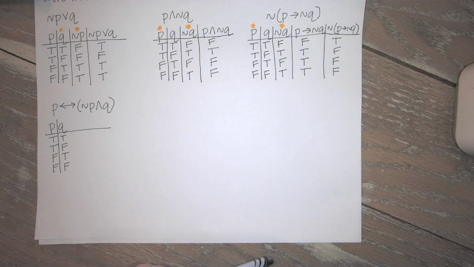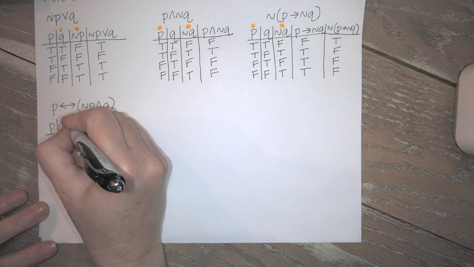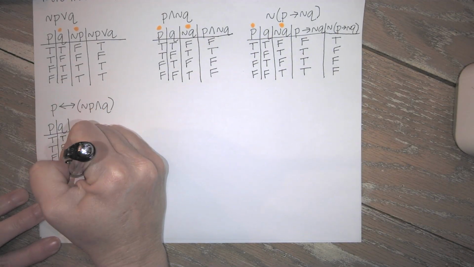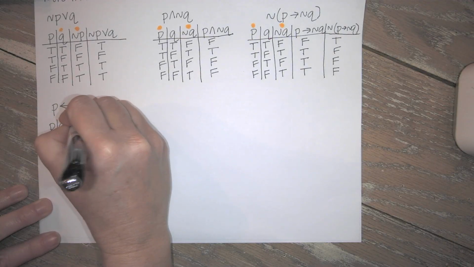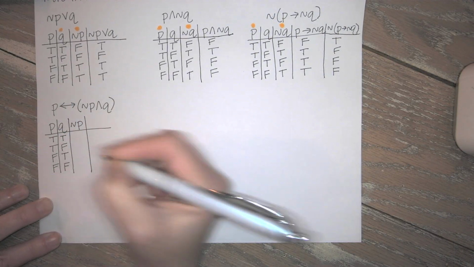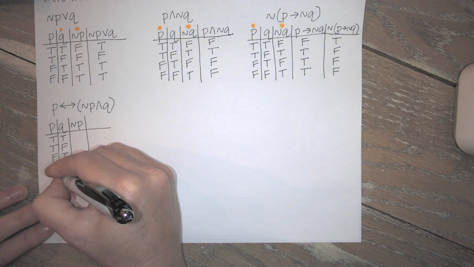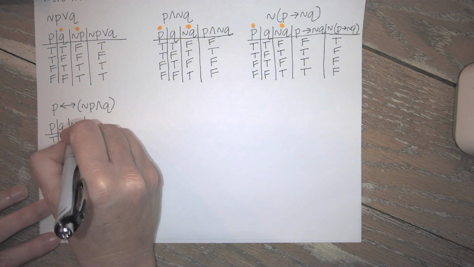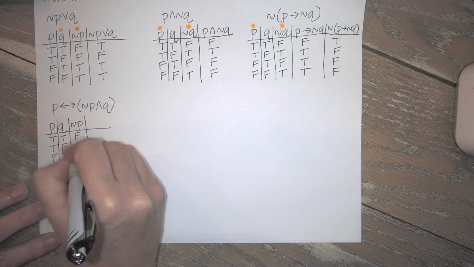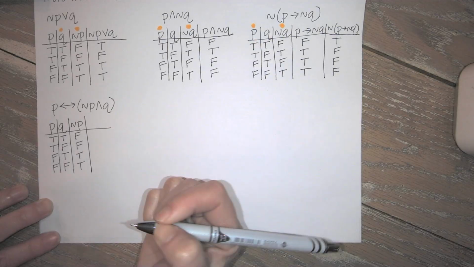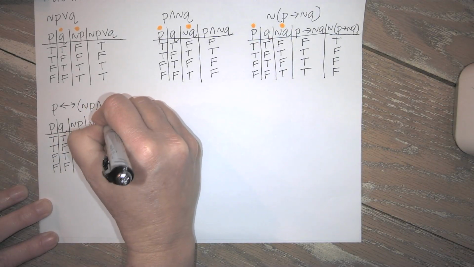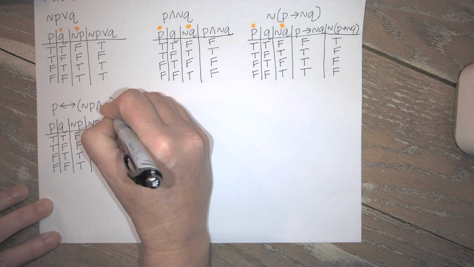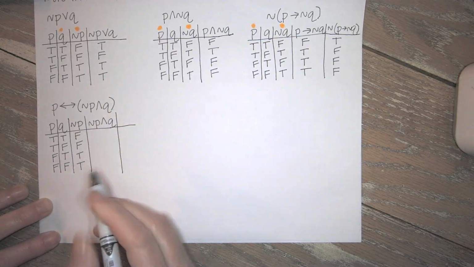All right. Let's start in the parentheses and see if we can get that part built first. We see that we're going to need a not P. So I'm going to make a column for not P. That's going to change the truth values in the P column. So that'll be false, false, true, true. Then I need to join that with the Q in a conjunction, an and statement.